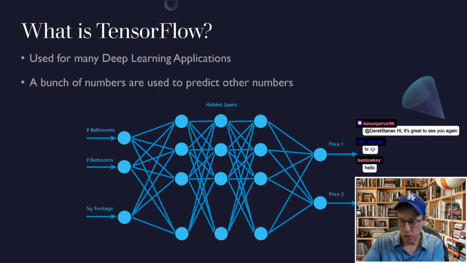And by features, as in our example here, those features would be the number of bathrooms, number of bedrooms, and the square footage. Then you have in the center those three columns. Those are what we call hidden layers. And what they do is apply different weightings to our features. By weightings, I mean how important certain features are to estimating the price.